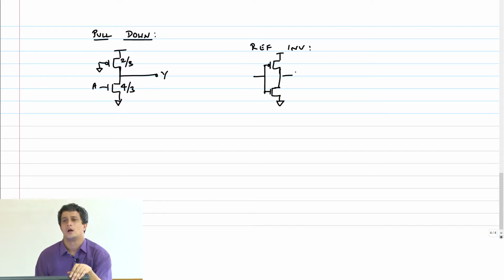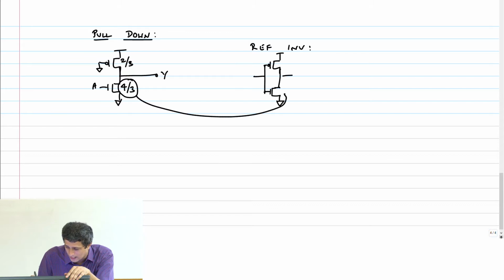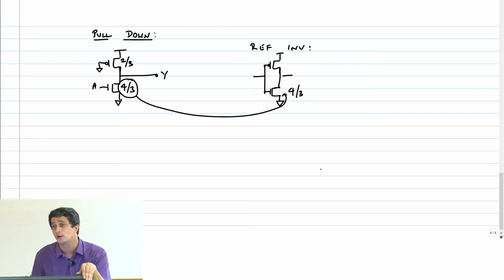Okay. Now, question is, this is 4/3. Can I put the 4/3 here? Can I make this 4/3? If this is 4/3, what should the PMOS be? 8/3. What's the logical effort?